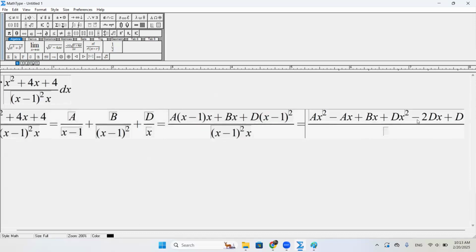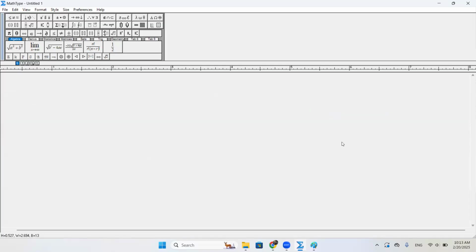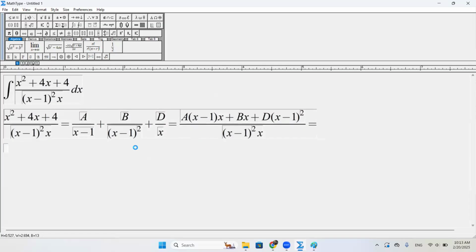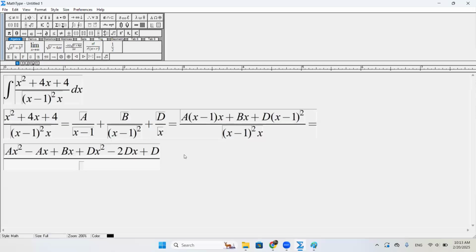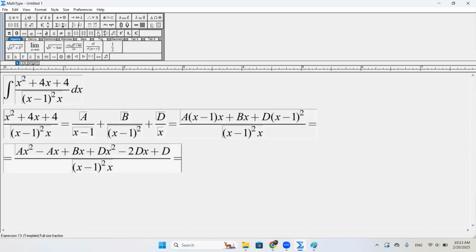I skipped some steps and put them all together. Now let's regroup the addends. For x squared we have a plus d.